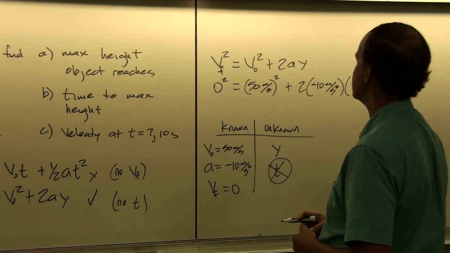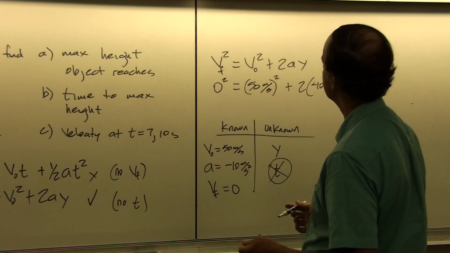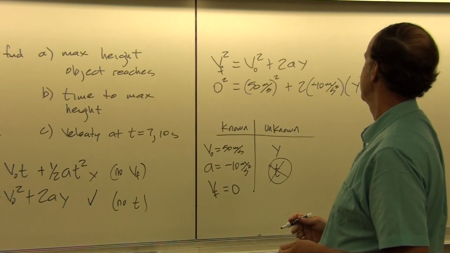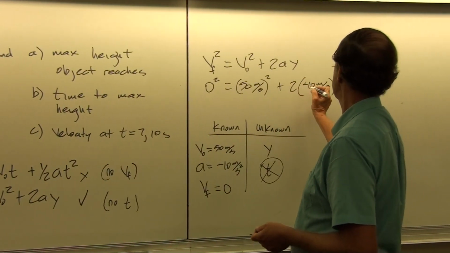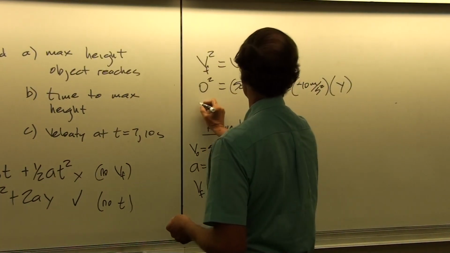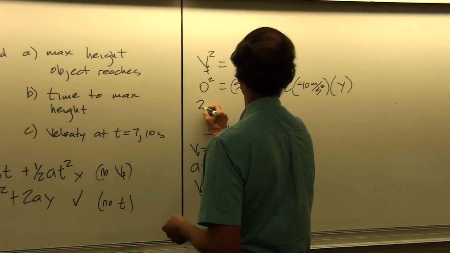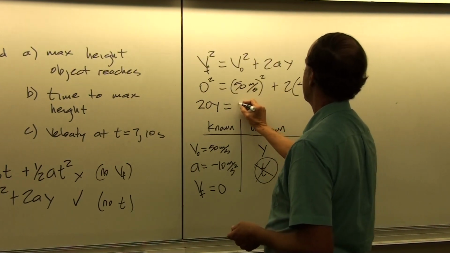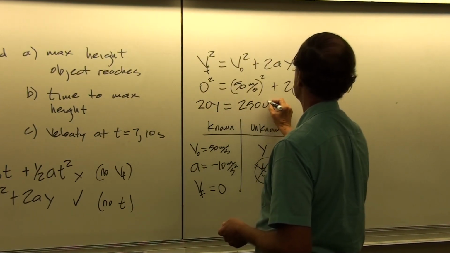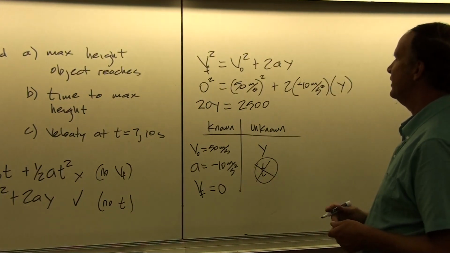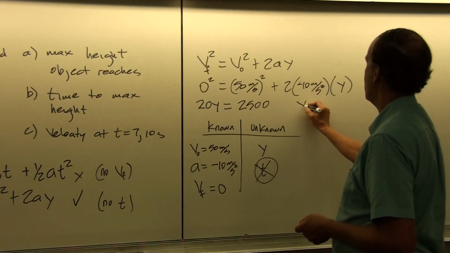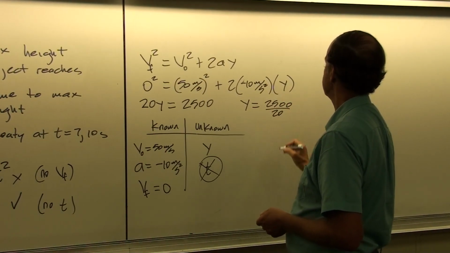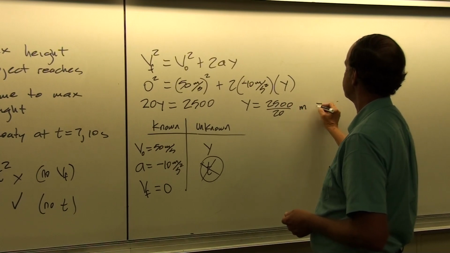But in subsequent steps, the units probably just get in the way of you solving the problem, so I would leave them out. So here we have 2 times 10 times y. I'll bring that over to the other side. So that's 20y equals, and here, 50 squared is 2,500. So 20y equals 2,500, or y equals 2,500 divided by 20, and that would be in meters.